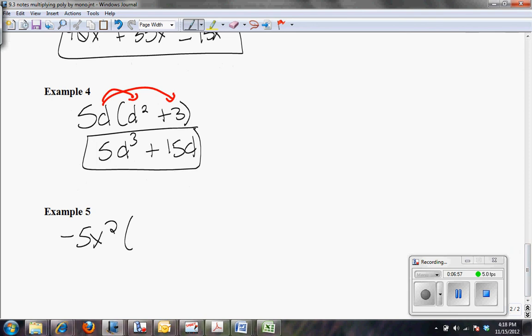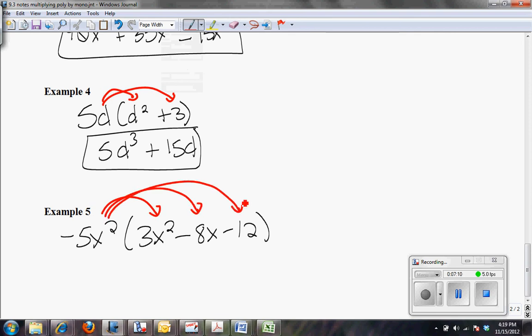Last example for us. Negative 5x squared times 3x squared minus 8x minus 12. And it's a trinomial, so make sure you multiply by all three terms.